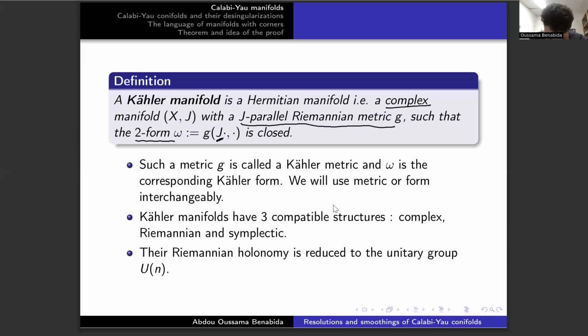Another interesting fact about these Kähler manifolds is that when you look at the Riemannian holonomy groups, these are reduced to the unitary group. And this is actually even an equivalence. So being a Kähler manifold is equivalent to having Riemannian holonomy included in U(n). So here I have to recall an important classification theorem from Riemannian geometry, which is the Berger classification.